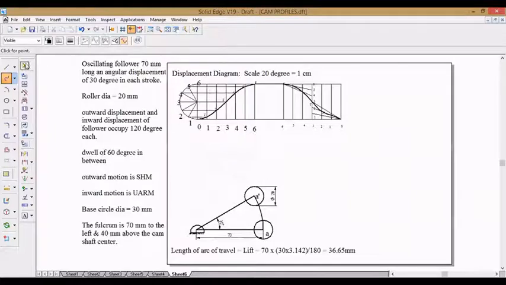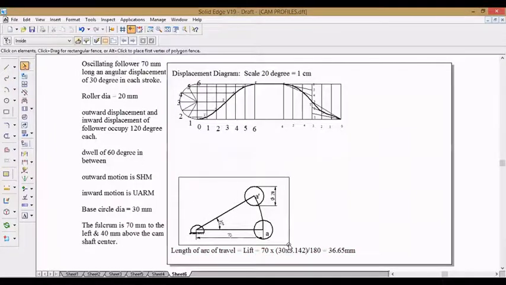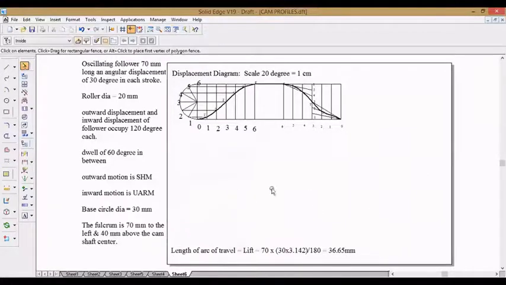I'll delete this calculation. I need to draw the cam profile. The procedure to draw the cam profile is a little bit different.